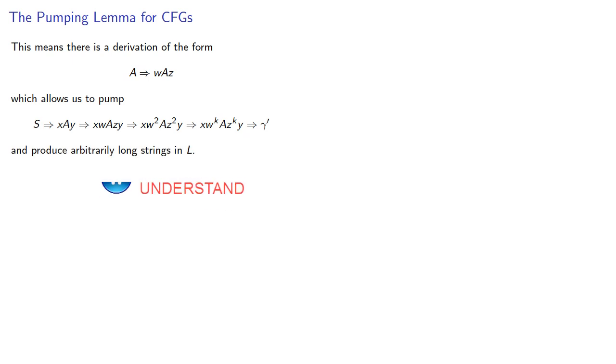And this means there's a derivation of the form variable A leads to wAz, which allows us to pump. S produces xAy, A produces wAz, A again produces wAz, and so on, and that allows us to produce arbitrarily long strings in our language.